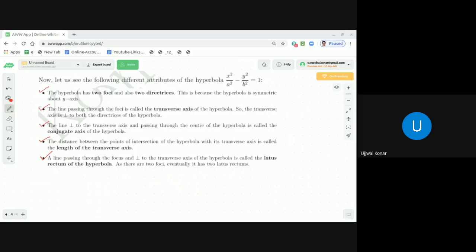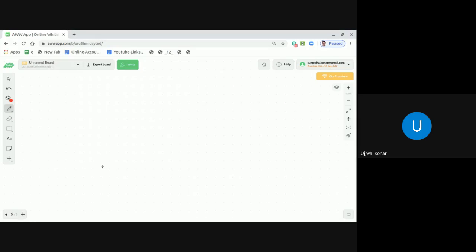Depending on the selection of the coordinate axis, the standard form of the hyperbola and its different attributes may vary, and we are going to see it in the next slide by means of this table. I'm going to share the table with you, and it is strongly recommended that you remember this content in the table, so that if you just remember one, the rest will eventually follow in a very easy manner.